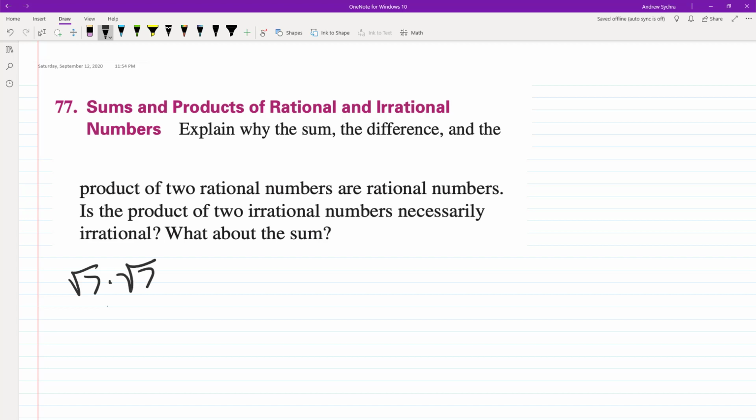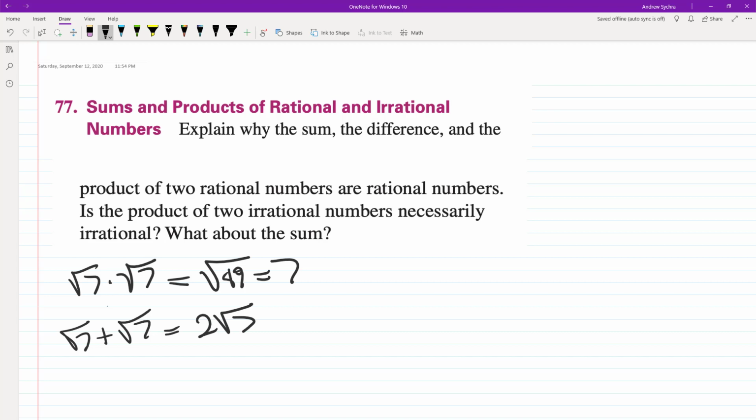Square root of 7 times square root of 7 is equal to square root of 49, which is equal to 7. But square root of 7 plus square root of 7 is going to be 2 root 7, and that's still an irrational number. Let's see here. You could do square root of 2 times the square root of 32.